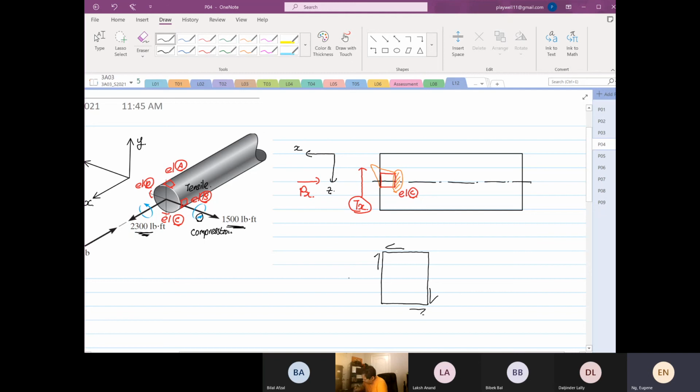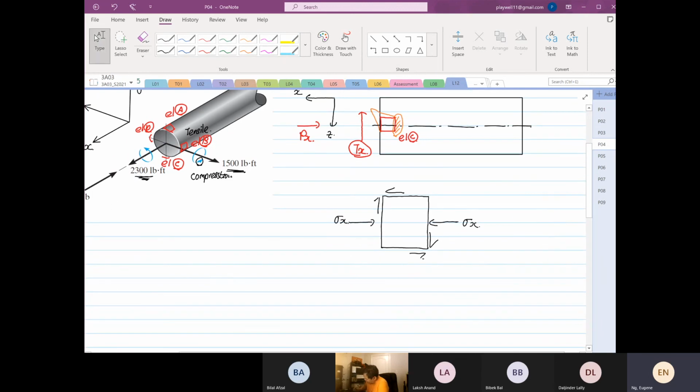And then we have our stress in the x direction. Right, we have stress in the x. It's going to go into compression. We know about that, and that is our shear. Okay, so the shear.